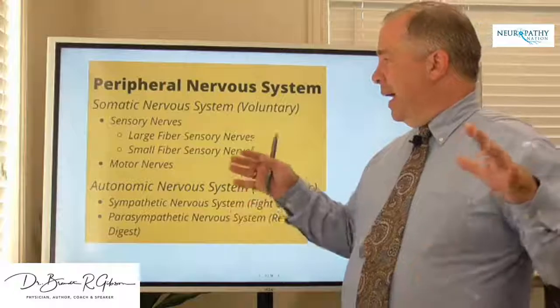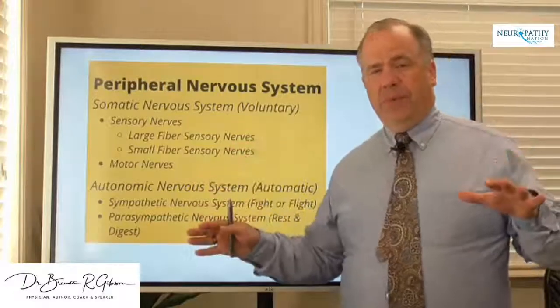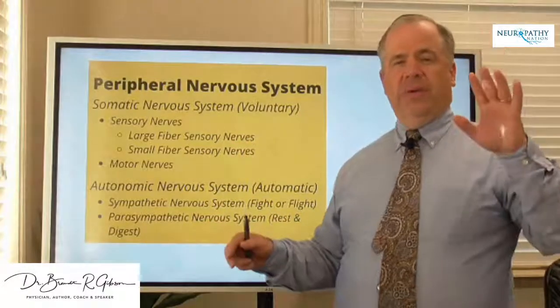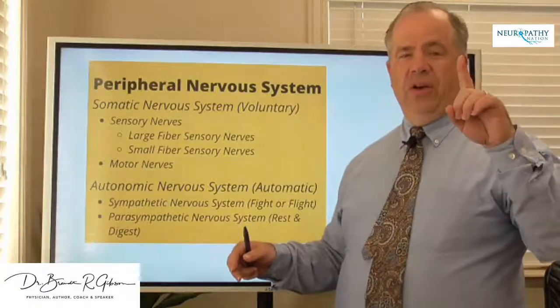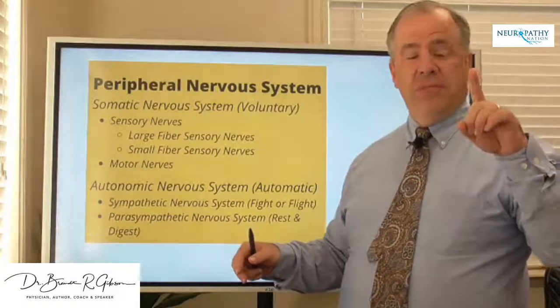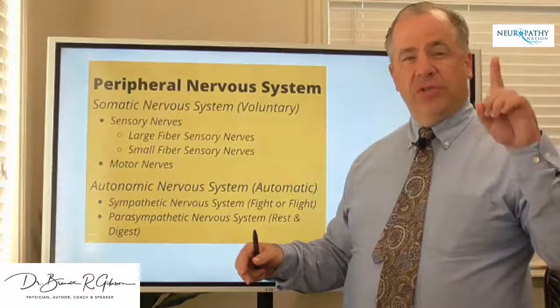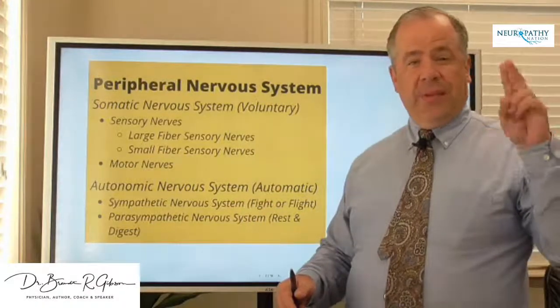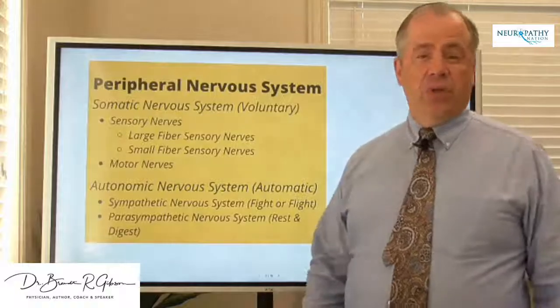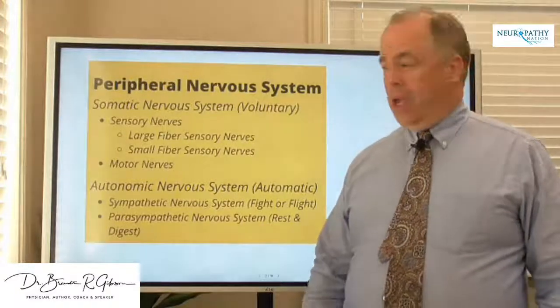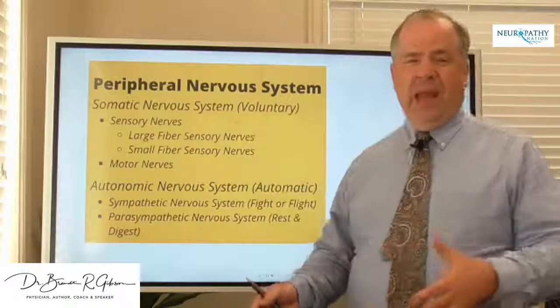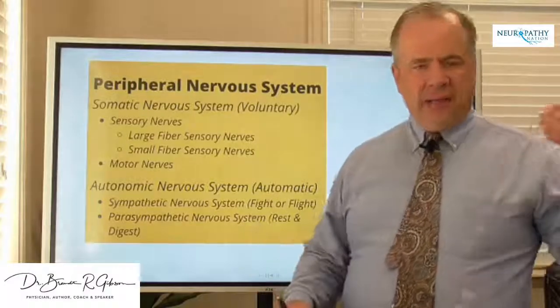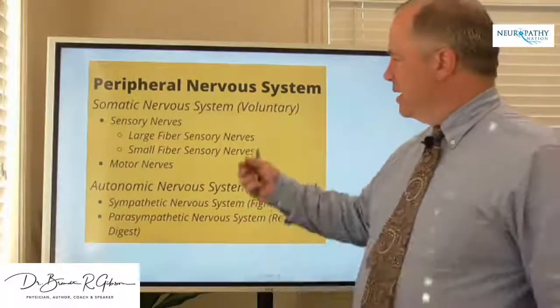So when it comes to peripheral neuropathy, you need to remember the peripheral nervous system includes the somatic nervous system, or the voluntary portions, large fiber and small fiber sensory nerves, motor nerves, and the autonomic nervous system, the sympathetic and parasympathetic portions of the nervous system. With this information in hand, you're ready to take the next step, which will be to go into these in a little more depth.